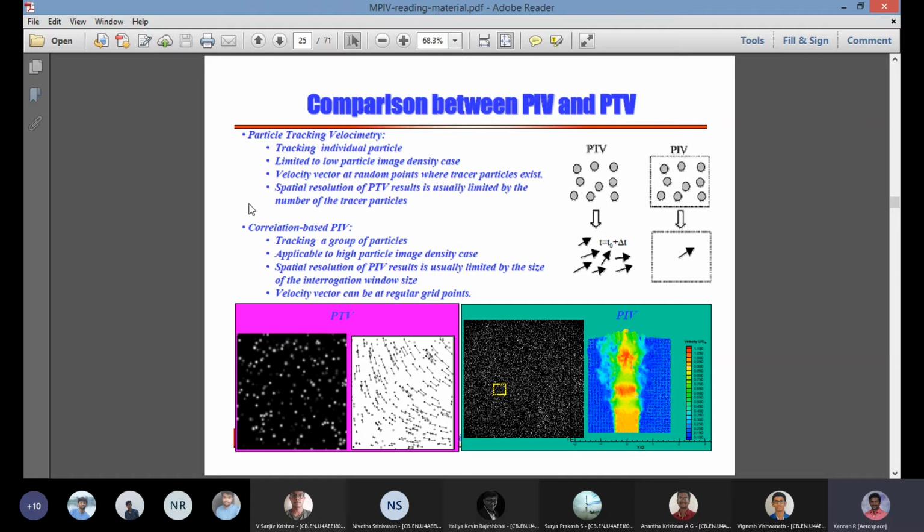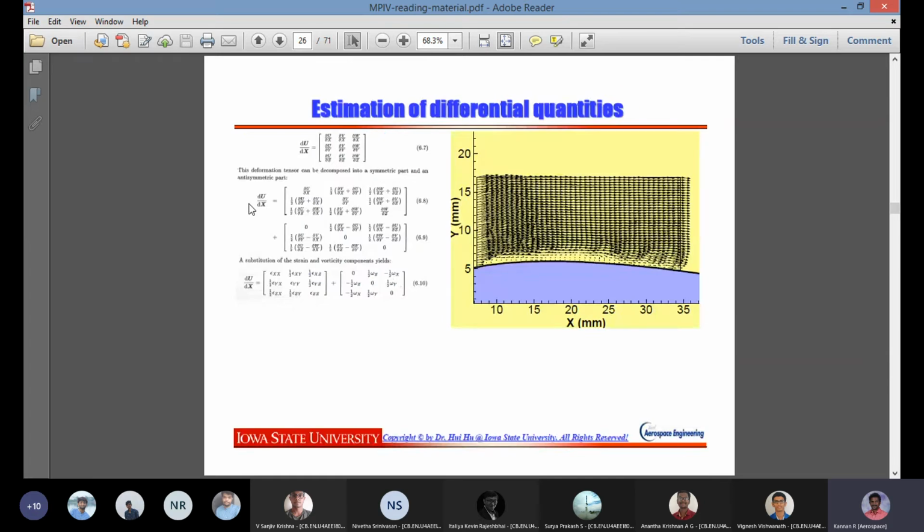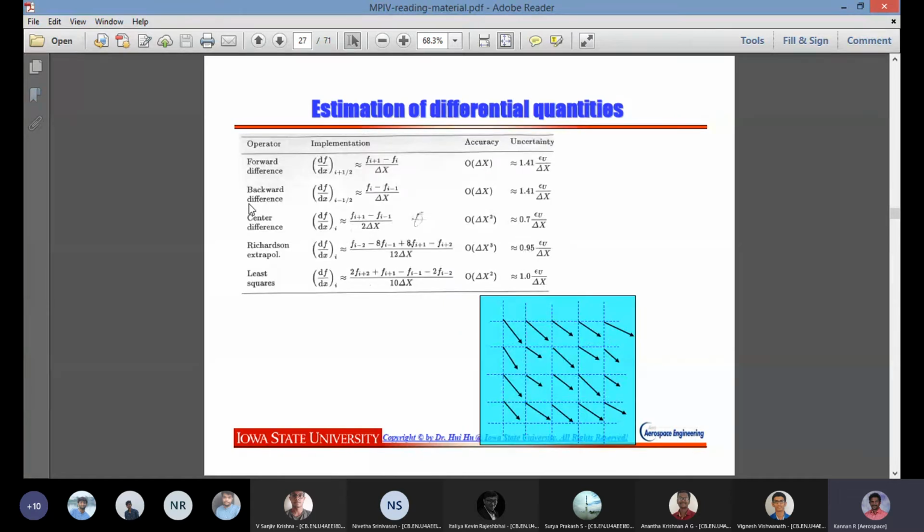In the case of correlation-based PIV, you can even estimate the differential quantities, how it is going to be. Look at that curved surface, how you can capture the properties. Already you might have studied these things in your CFD course: forward difference, backward difference, central difference, least squares methods.